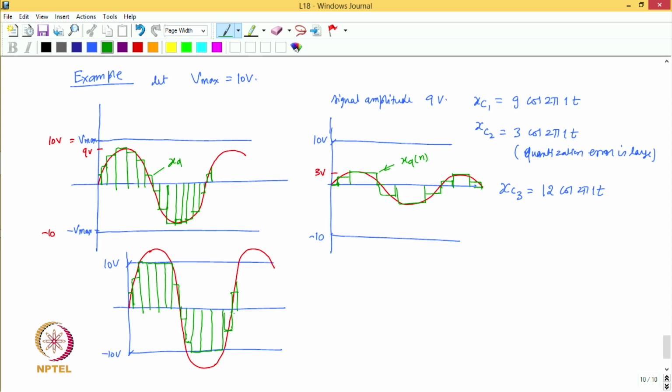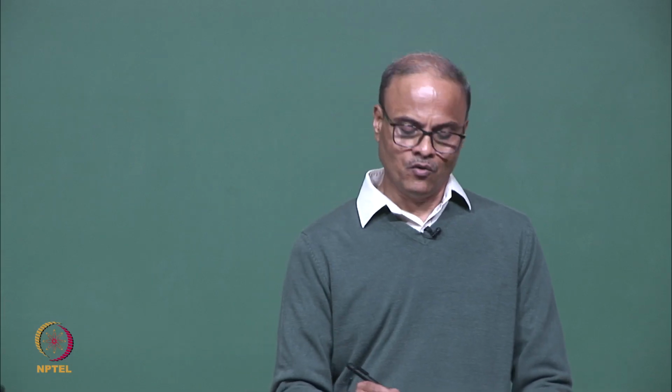So, what is going to happen? It is going to cause clipping of the signal. Okay. Here also we have clipping. So, whenever the signal amplitude exceeds the maximum voltage range, the signal is clipped, and this leads to a severe distortion of the signal. Okay. So that also has to be avoided.